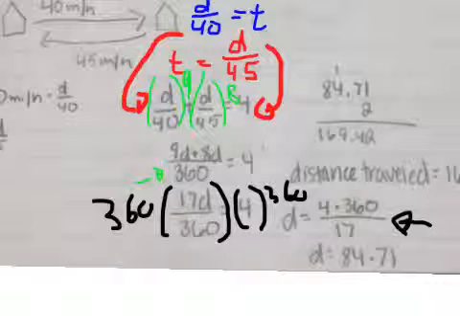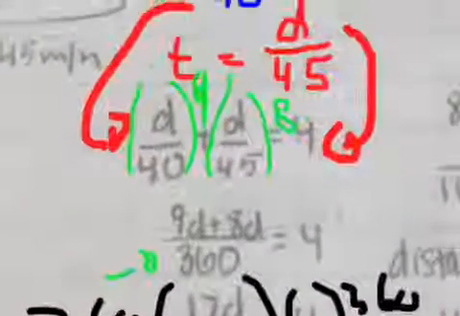What you get is the distance is 84.71. That's how far, in order to satisfy the equation that we see here.